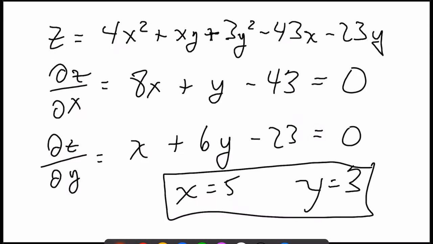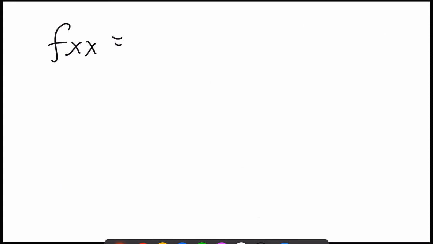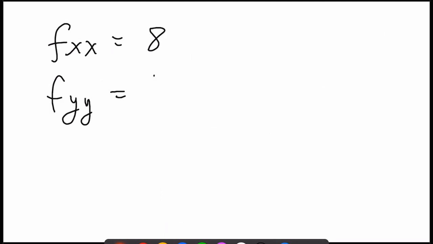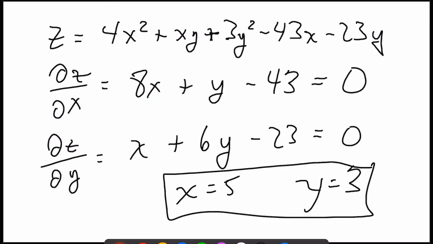Yes? So we can find the second derivatives, right? Second derivative with respect to x is going to be 8. Second derivative with respect to y is going to be 6. Okay? We do the cross partials.